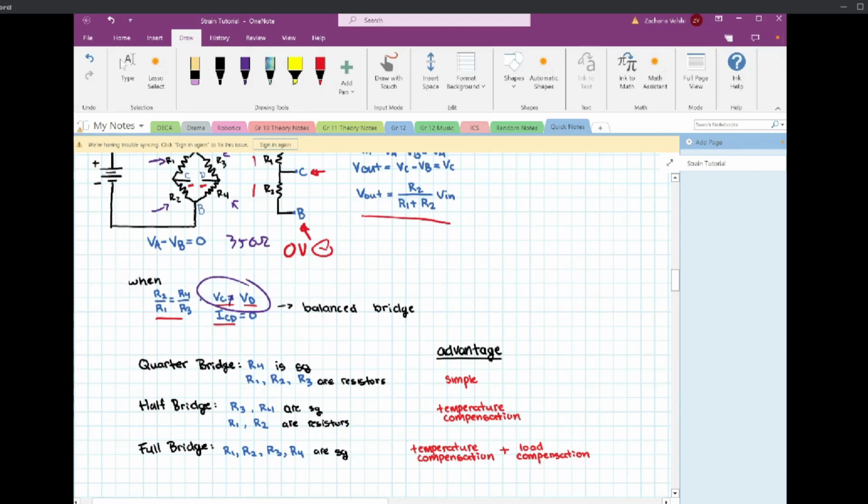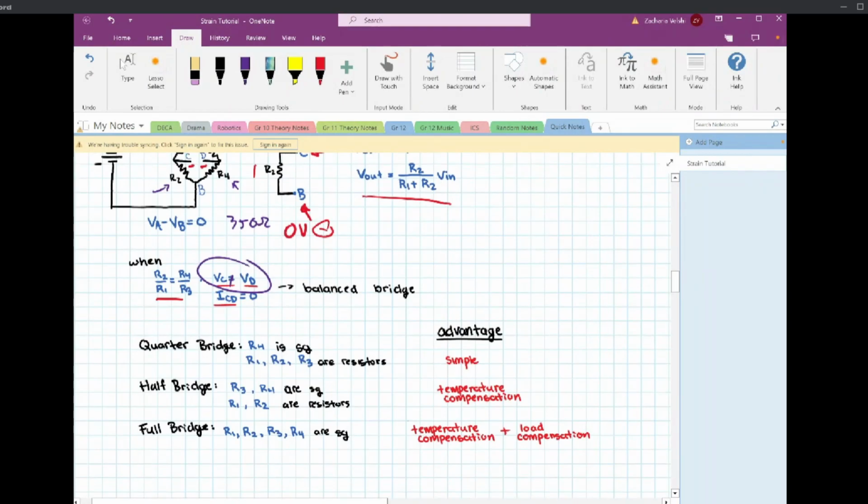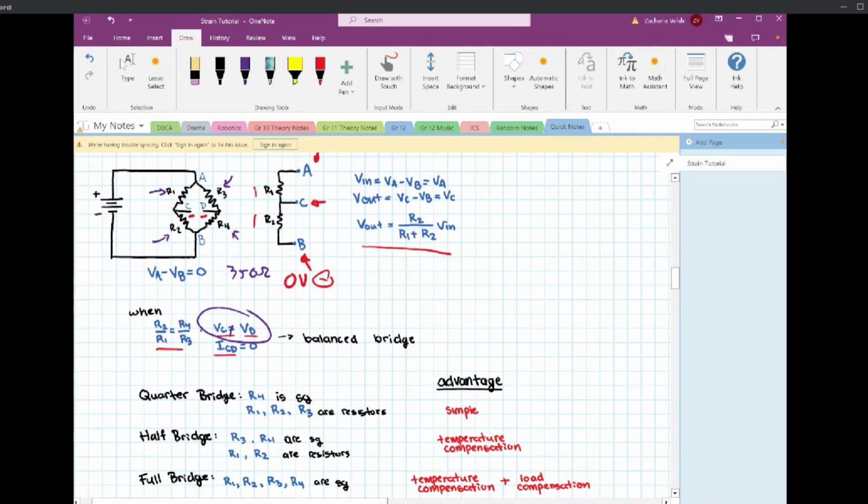It's relatively easy. But one of the things that changes the resistance of a resistor is temperature. So the material properties fundamentally change for your strain gauges, and the material that you're laying your strain gauge on, whether it's steel or aluminum, will also change with temperature. It will expand or contract. By replacing more resistors with strain gauges in your Wheatstone bridge, you're able to compensate for that temperature change.